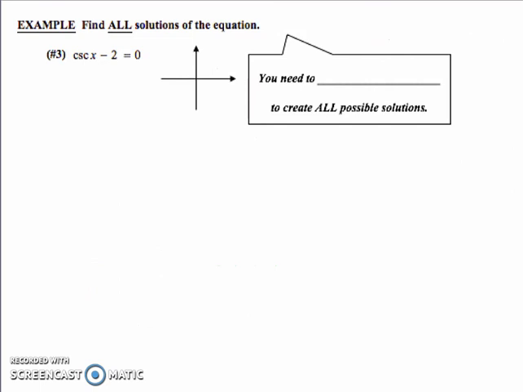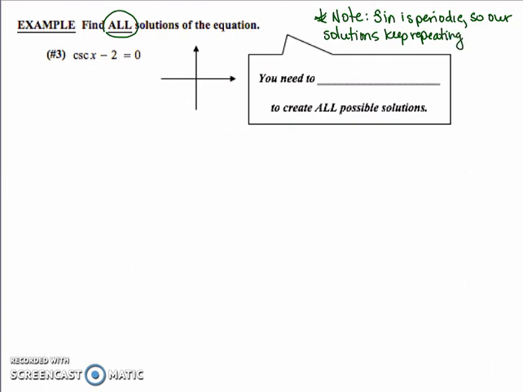Next example, we want to find all solutions of this equation. Now, all solutions means that we have to account for the fact that we could keep going around the unit circle to infinity. So here's my little note. Sine is periodic, so our solutions keep repeating on intervals of 2 pi.